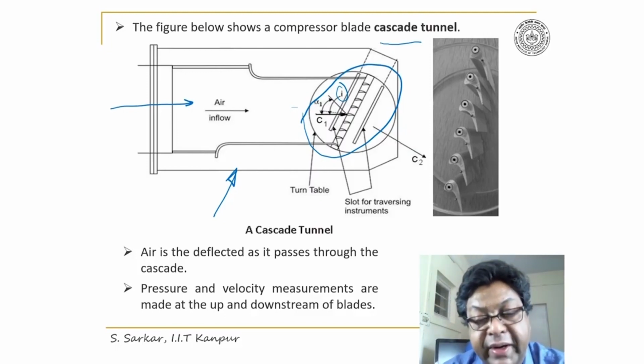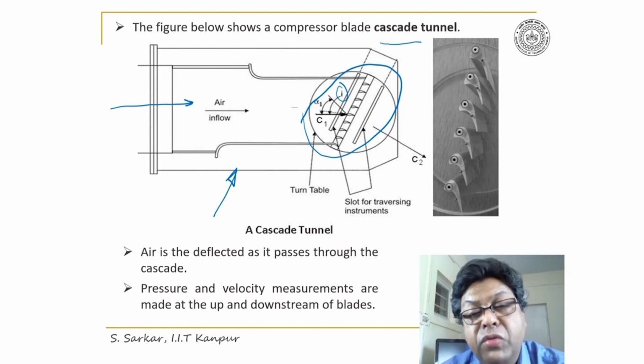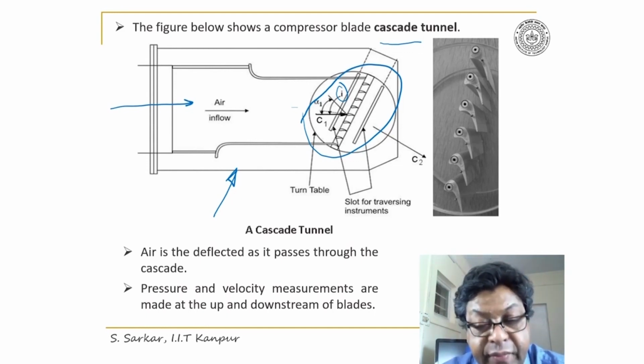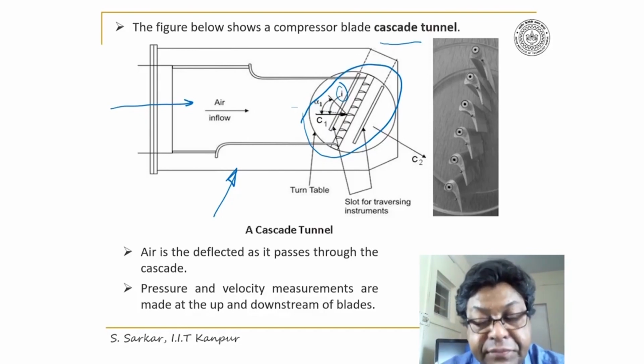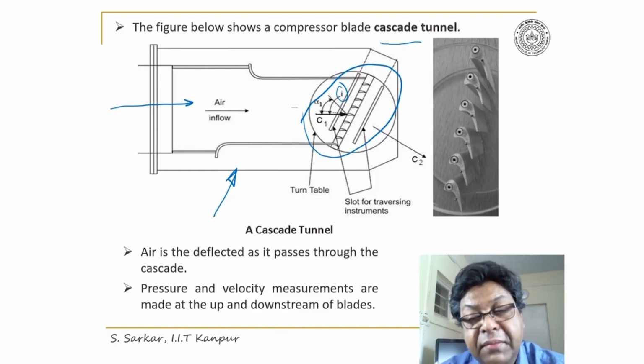What is important here is that the cascade is mounted on a turntable which can be rotated, and thereby the incidence angle can be changed. Thus, this turntable arrangement enables us to make measurements for a wide range of angles of incidence.